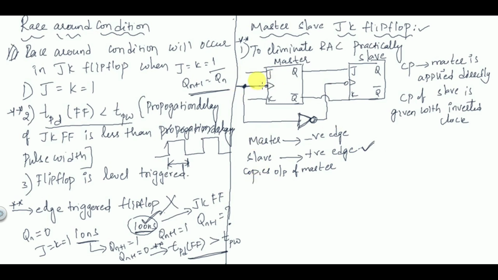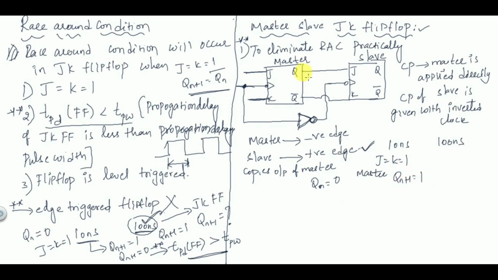Even though there is toggling here, suppose we take 10 nanoseconds and 100 nanoseconds, for example. When you give J equal to K equal to 1 for the master flip-flop, and suppose Qn is equal to 0, after 10 nanoseconds you will get Qn+1 equal to 1.